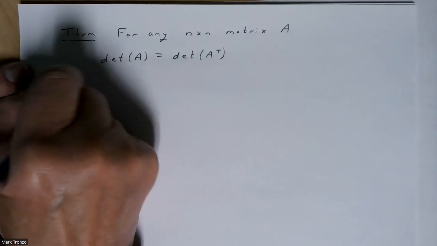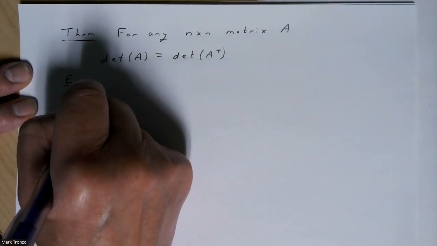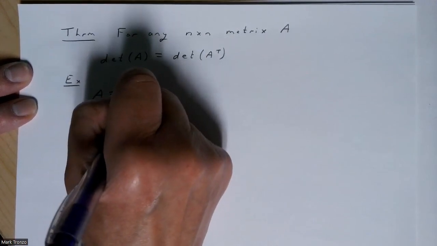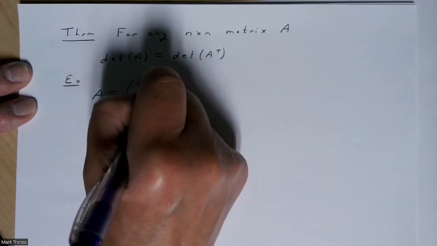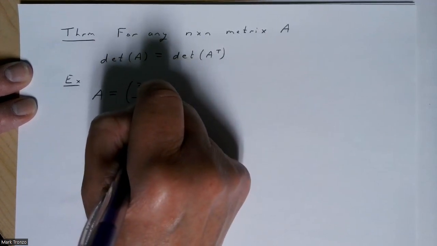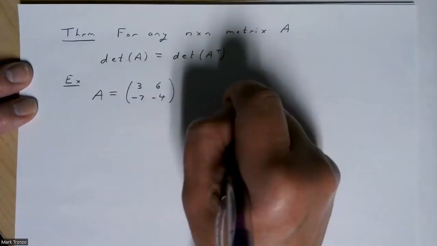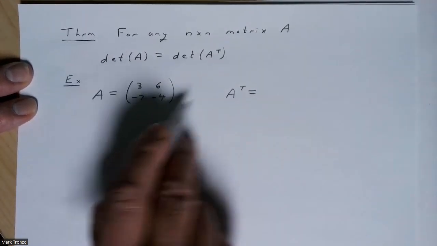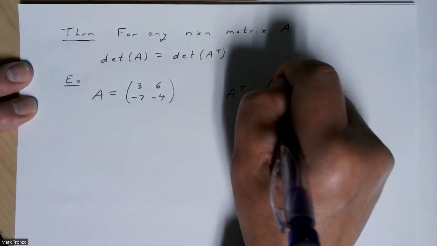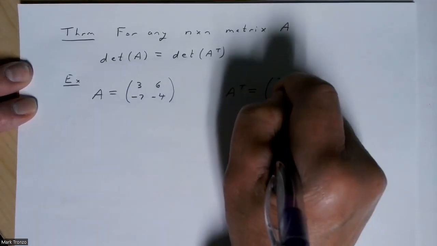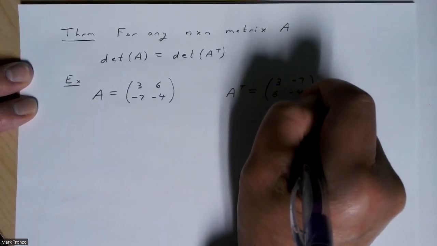Once again, let's just do a very quick example. So remember, let's say you have 3, minus 7, 6, minus 4. And remember the transpose, you interchange rows and columns. So the first column becomes the first row. Second column becomes the second row.